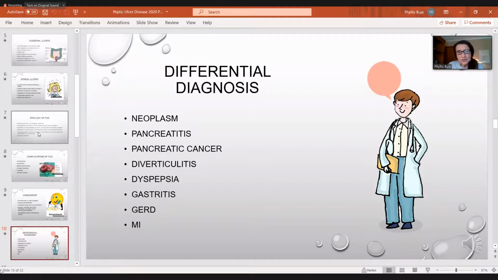GERD, and of course MI, we've already talked a little bit about that as well. We want to make sure we work them up well for that and we don't miss anything. So we want to do our troponins, we want to do our EKGs and do a very in-depth assessment on their pain: when it starts, when it stops, anything that makes it worse, anything that makes it better.